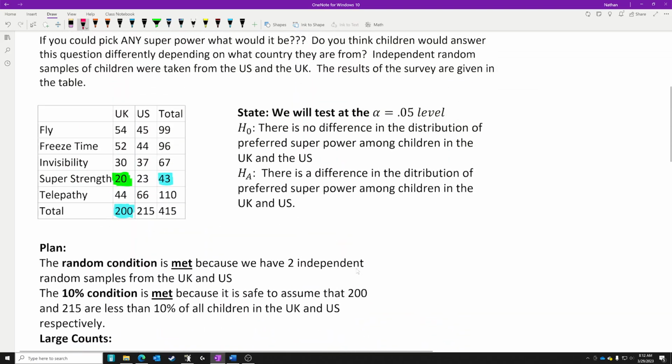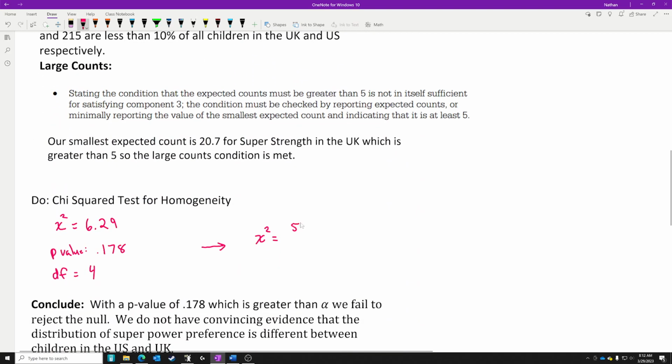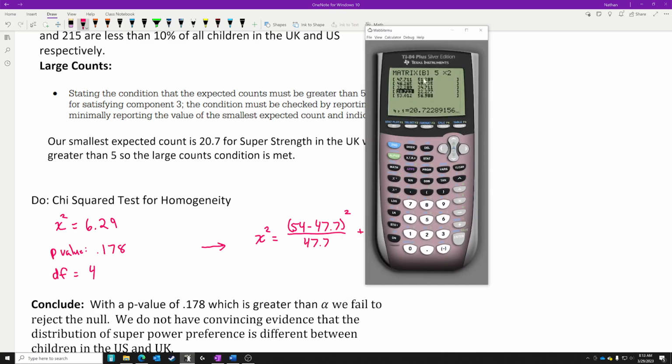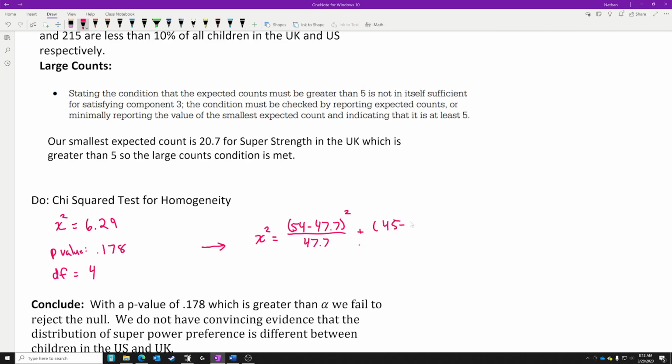All right, so our first one would be 54 minus, what was the expected count? 47.7, squared, divided by 47.7, plus the next one is 45 minus the expected count, grab it off the calculator, 51.2, squared, divided by 51.2, equals 6.29.